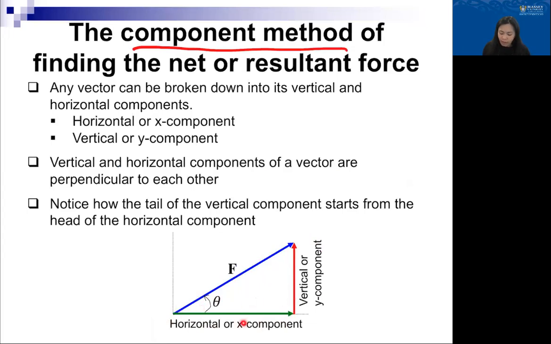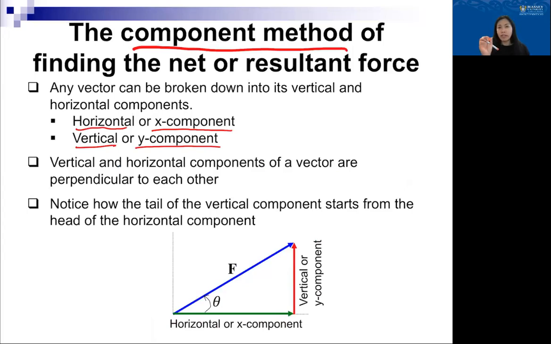We want to go to the horizontal and vertical conditions because we know it's easy to add forces when they're all horizontal or when they're all vertical. The horizontal component, we also call the X component because it's along the X axis. And the vertical component, we also call the Y component because it's along the Y axis.